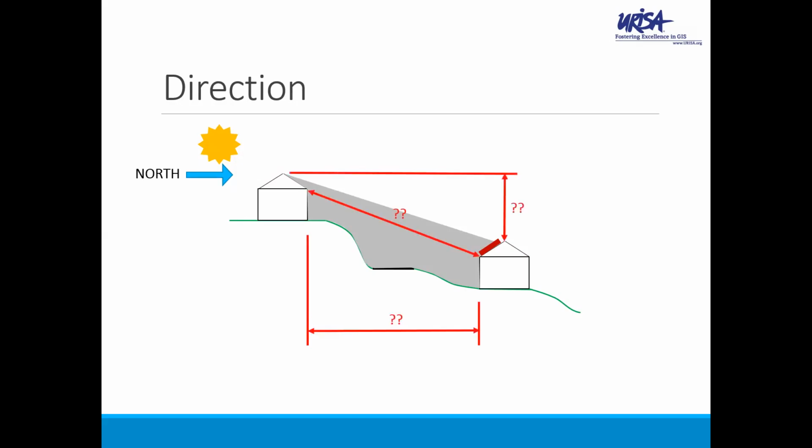So we need to start understanding these relationships if we're going to make a determination as to what condition we're going to be in, maybe how high the houses can be built or how high they need to be built, that sort of thing.